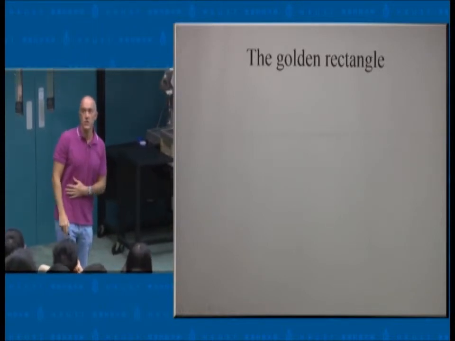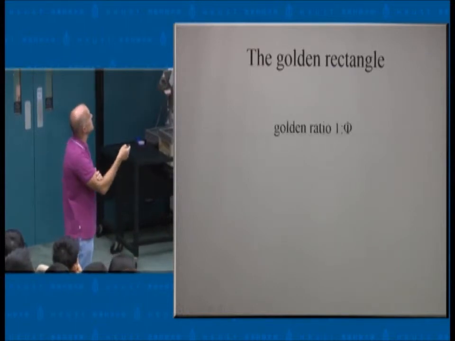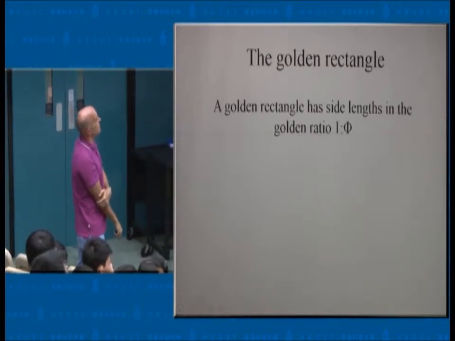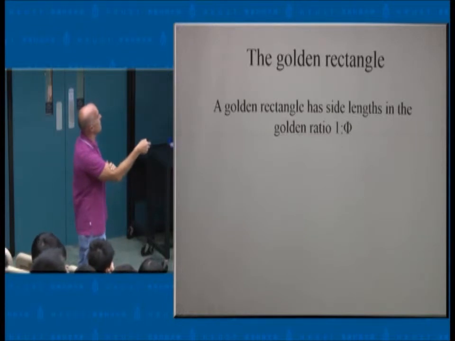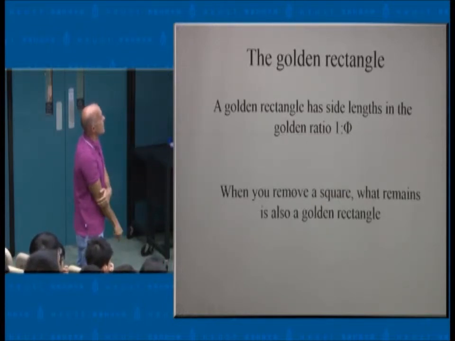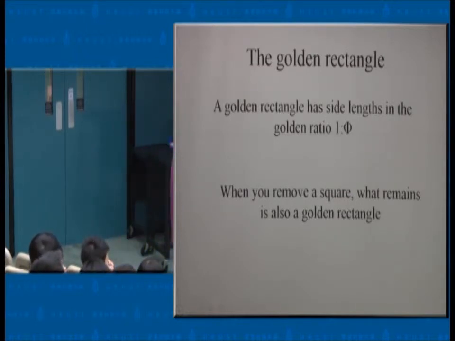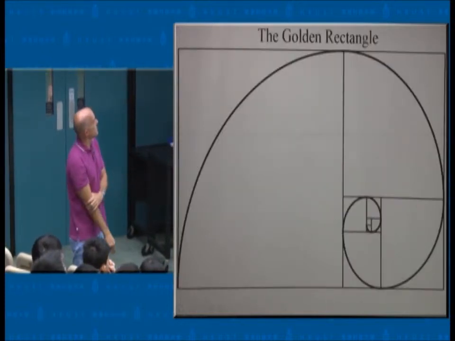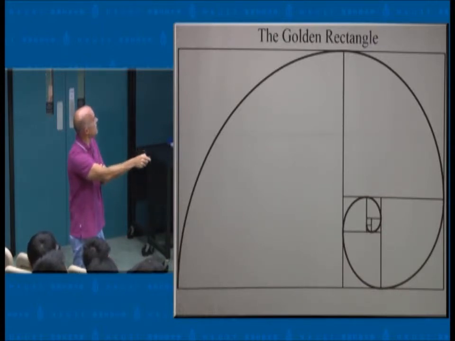From the golden ratio, you can construct the golden rectangle. The golden rectangle has side lengths in the golden ratio, 1 to phi. The nice thing about the golden rectangle is that when you remove a square, what remains is also a golden rectangle. So here it is. This is length 1, this is length phi.